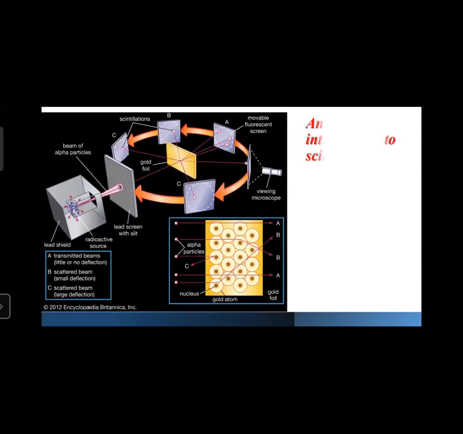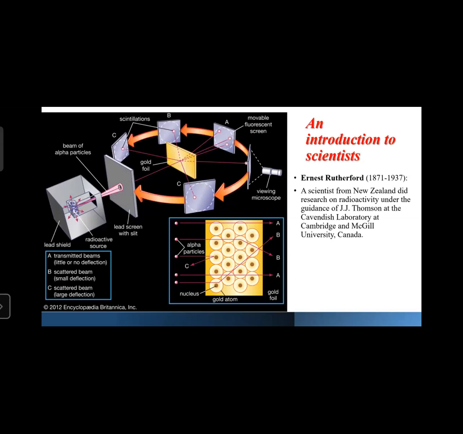Now this is another setup. Ernest Rutherford, 1871 to 1937, a scientist from New Zealand, did research on radioactivity under the guidance of J.J. Thomson at the Cavendish Laboratory at Cambridge and at McGill University, Canada.